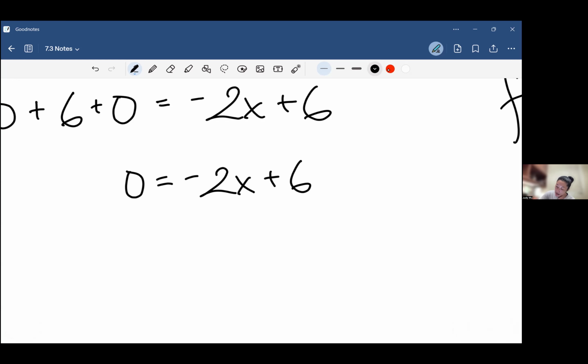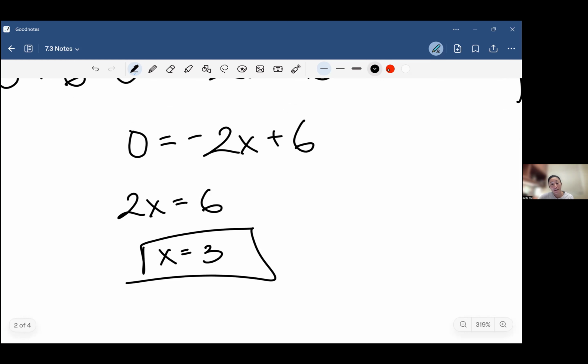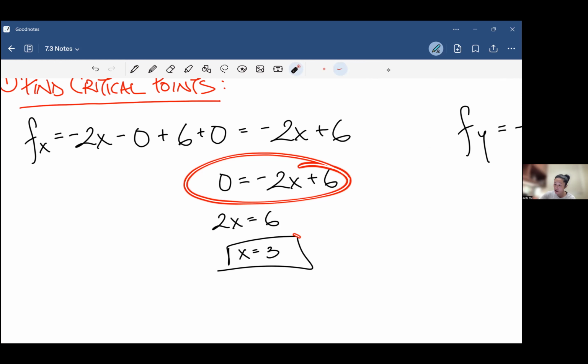So I'm going to add 2x to both sides, so I get 2x equals 6. Then I'm going to divide both sides by 2, so I get x equals 3. This is the x value of a critical point that we have, and it's the only x value for this problem because when I solve this equation, I only get one number.